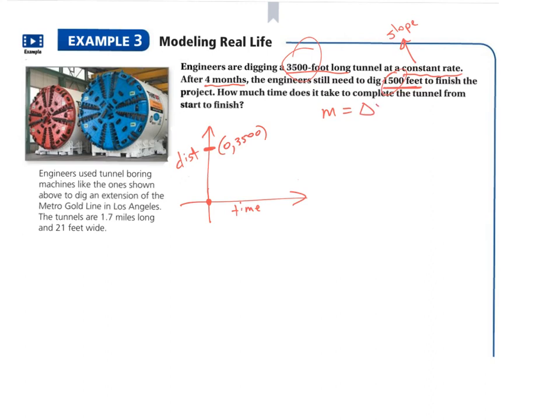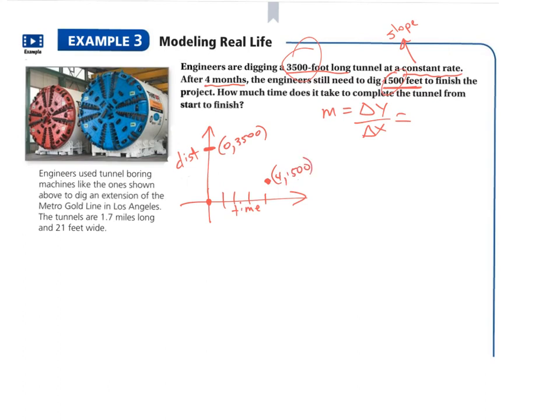Let's do the delta y over delta x. The change in y is 3,500, and now with 4 months left, the point (4, 1,500), we still have 1,500 feet left.